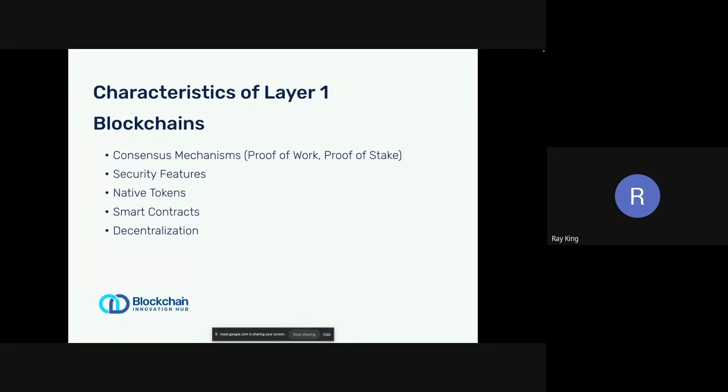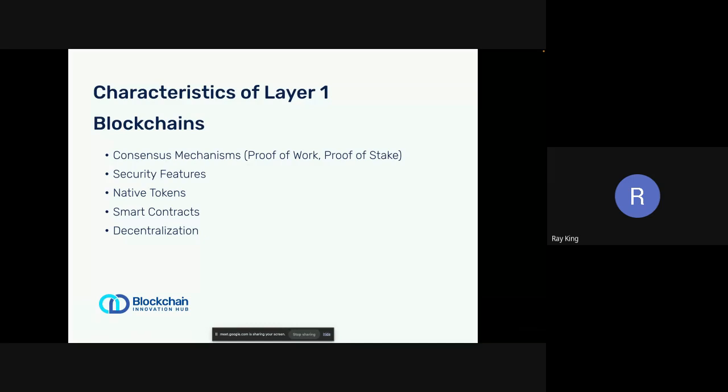Another characteristic of layer one blockchain is native tokens. Some blockchains have native tokens, and a token can serve different purposes within the network. What layer one does is define the rules for token creation, distribution and management.